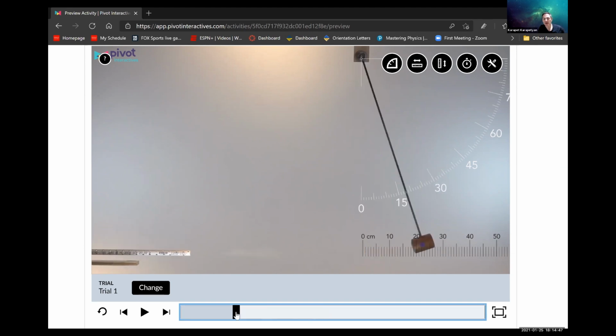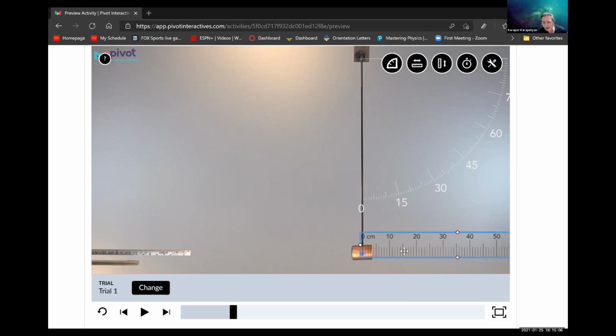So what you want to do here is measure how high that X, that circle with the X, goes relative to the ground, for example, and then you should be able to find its height. I'm using this ruler as a reference horizontal line, and I'm going to show you two ways to do that.